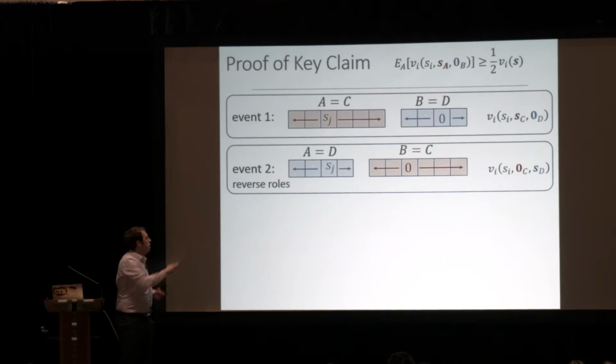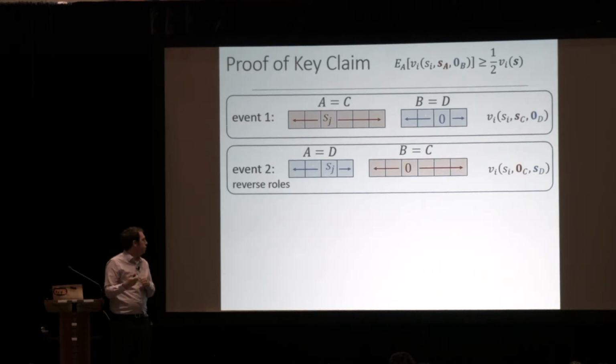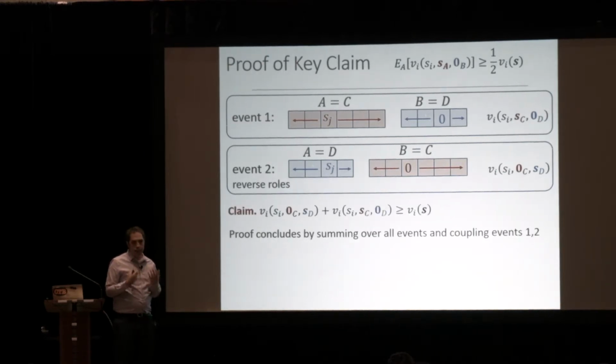In this case, we get the value of the bidder with his signal and the signals of set D. And we want to claim that if we add these two together, we get at least the real value. And this basically ends the proof, because if we have this claim, then we can couple these events in the expectation, since they both happen with the same probability, and we lose a factor of half.